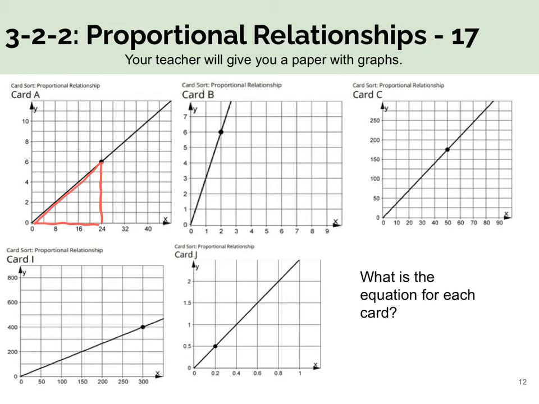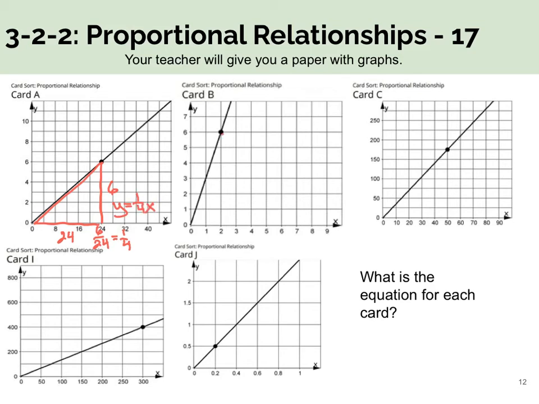Our vertical is 6, horizontal is 24. So 6 over 24. Let's put that in our calculator. Let's reduce it down because fractions always want to be skinny no matter what. That reduces down to 1 over 4. So this one is y equals 1 over 4x.